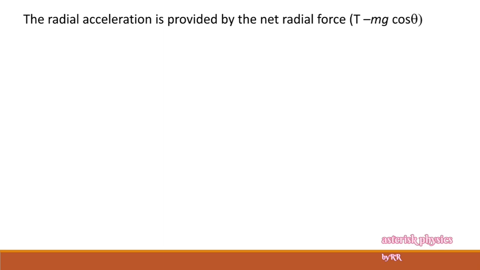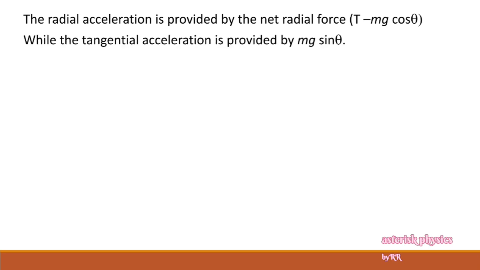Therefore, T is greater than mg cos theta, and hence the resultant is T minus mg cos theta, which is the net radial force, and that creates the radial acceleration omega square L. While the tangential acceleration is provided by mg sin theta.